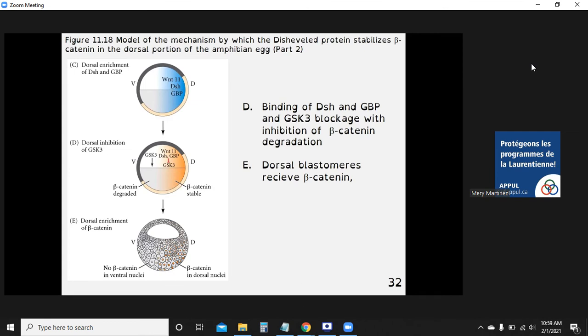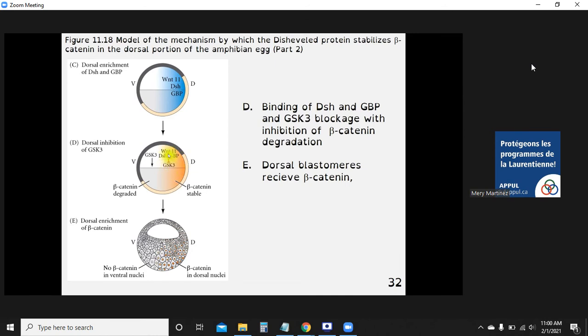Okay, so now we have all of this expression in this section where the dorsal lip of the blastopore will form. So in here, the disheveled and the GSK3 binding protein bind together, and those two will block the GSK3. And this is what we see here. So here we have WNT, disheveled, and GBP binding together, and they're going to block the GSK3.